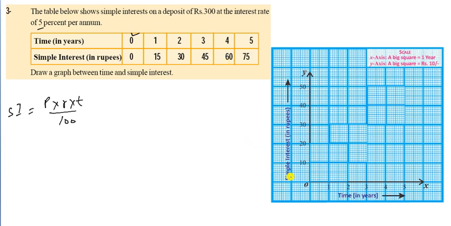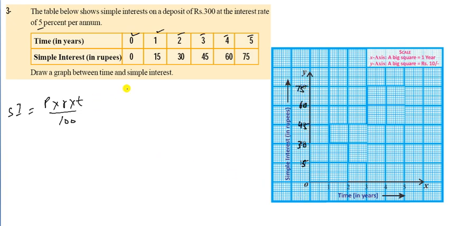So you can plot on this graph paper. So how can you plot? So there are 1, 2, 3, 4, 5, that is the years. So it is given here 1, 2, 3, 4, 5, and it is 0, 15. So you start from 15, it is 15, it is 30, and it is 45, and it will be 60, and that will be your 75.